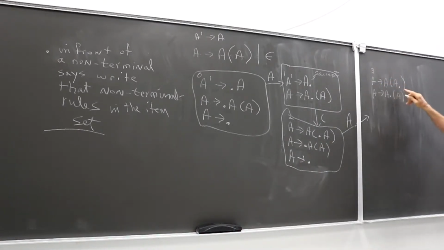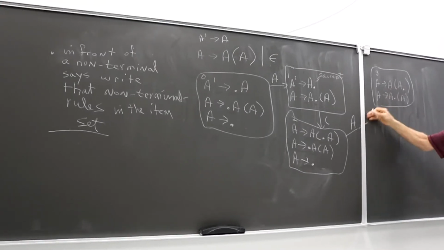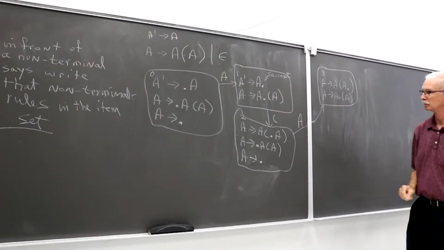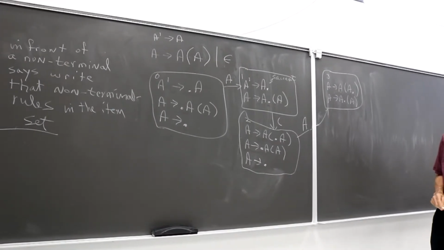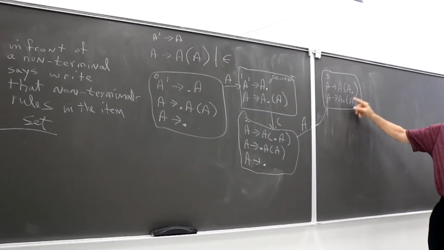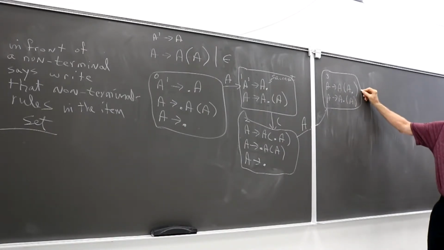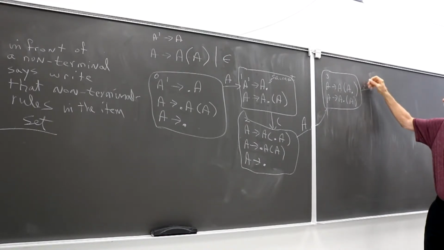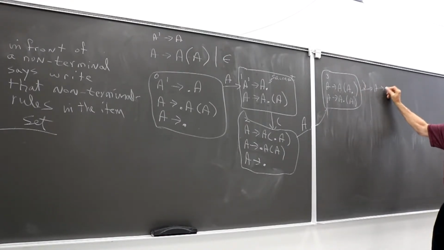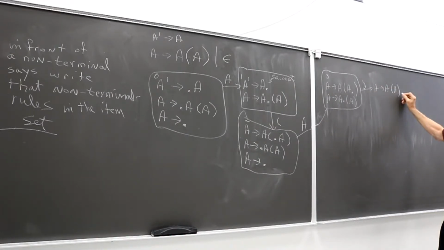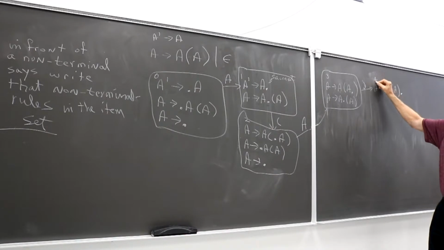Item set 3, period not in front of any non-terminal, so there's no rules to add. We can see a right paren. We get A goes to A paren dot. Item set 4.